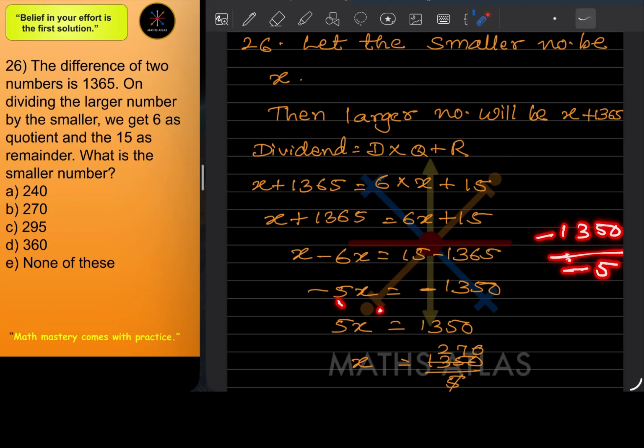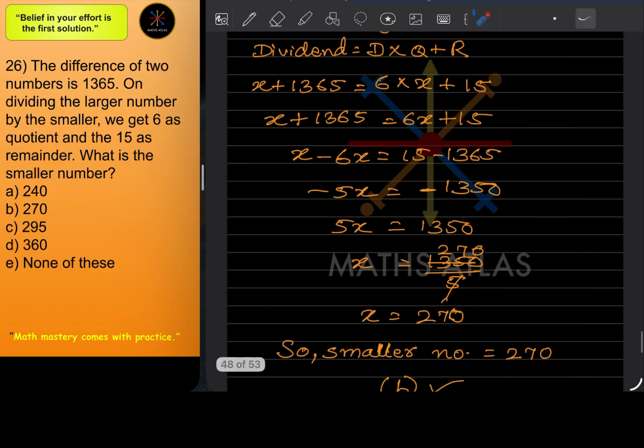So you can also write x will be minus 3 divided by minus 5. This minus minus becomes plus, so you can do it either way, either cancel here itself or do it the other way. Now this is multiplication, so it gets divided. So x will be 270.